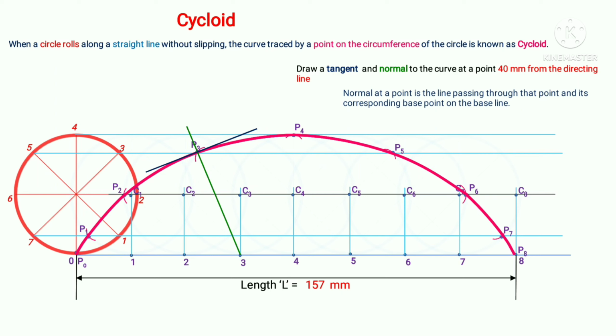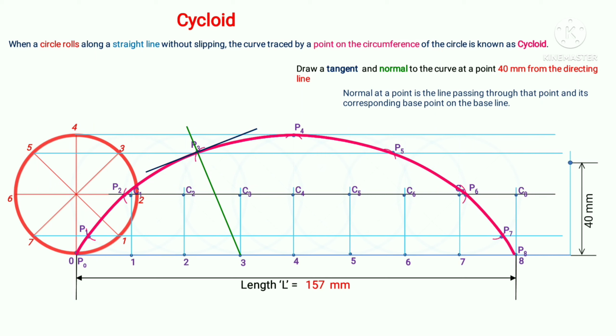Now in the given question the point has to be 40 mm from the directing line. So first we need to mark a point which is at a height of 40 mm from the directing line. So here we mark a point which is at a distance of 40 mm from the directing line.